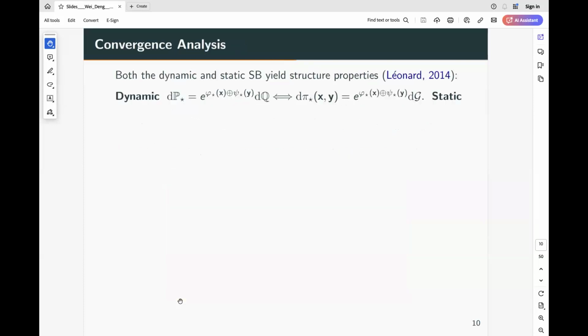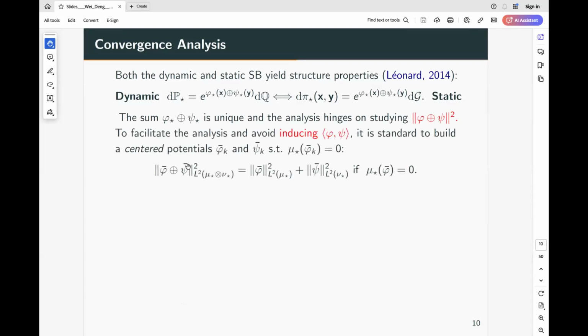So recall that the dynamic and static Schrödinger bridge both yield nice structural properties, meaning we can represent the dynamic coupling and static coupling in terms of potential functions associated with the kernels. And here, the summation of the potential functions is unique, and the analysis hinges on the study of the squared term of the sum of the potential.